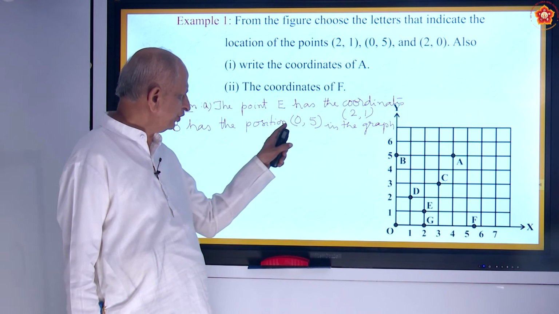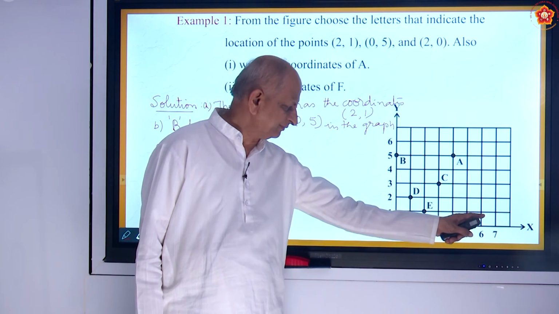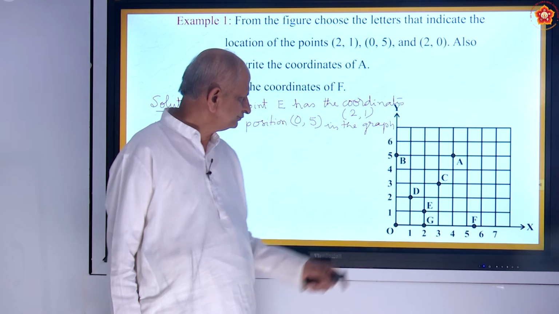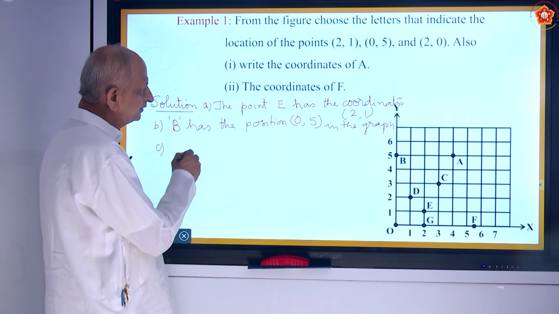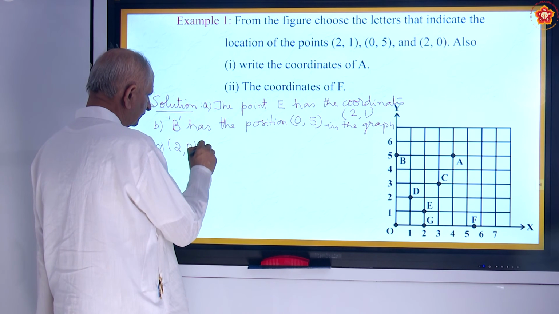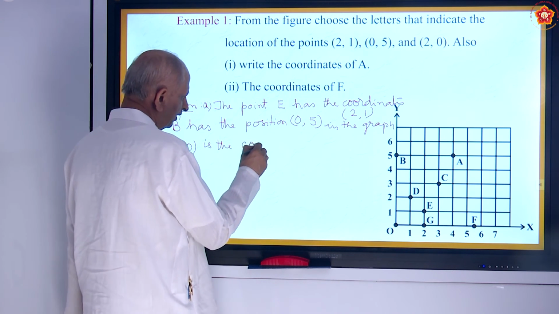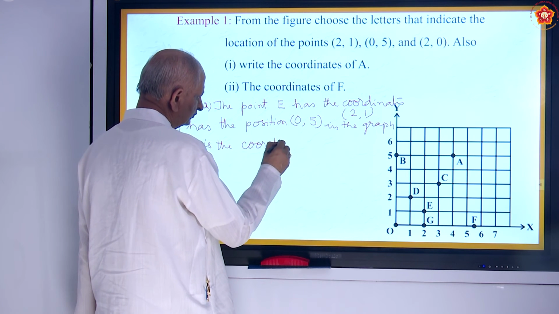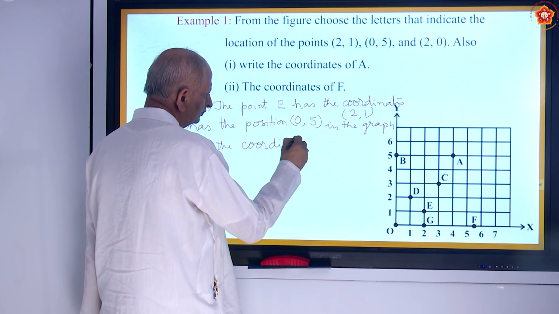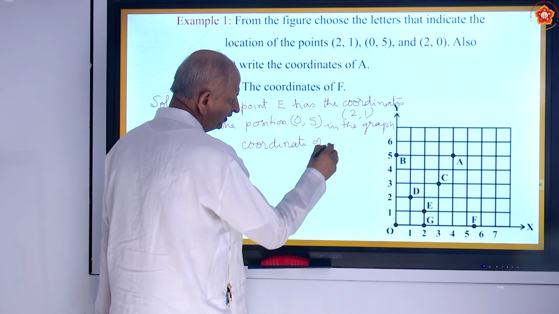Here also when you say 0, 5, 0 means horizontally it is not there, only vertical. So the next one is 2, 0, the coordinate of point G.